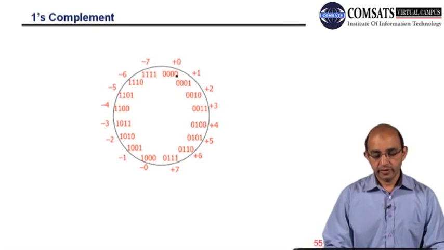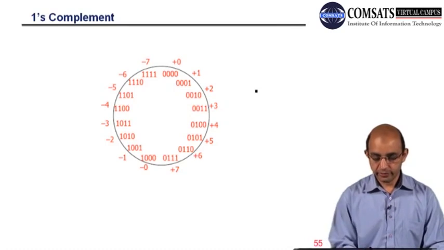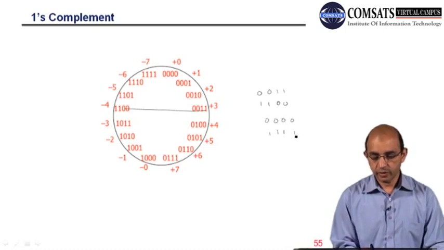So here you can see, if I want to know the 1's complement of 3, right, so for 3 I know that I have 0 1 1 and this is the sign bit, right, so for 3 I have 1 1 0 0, and if I want to calculate the 1's complement of this, I have 1 1 1 1, this is for the sign bit, right, so I will be having this.